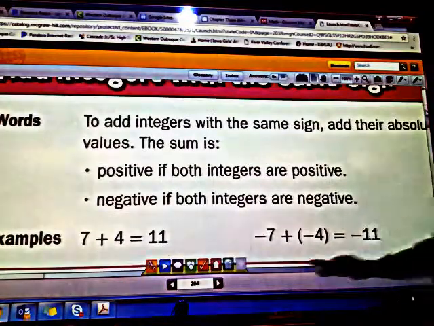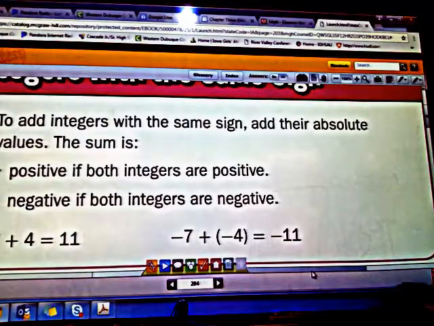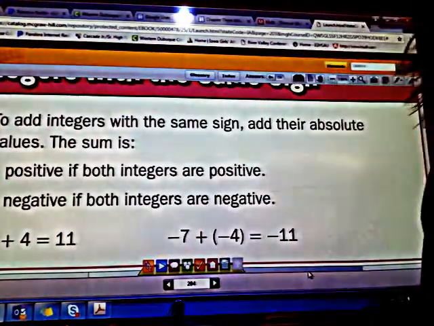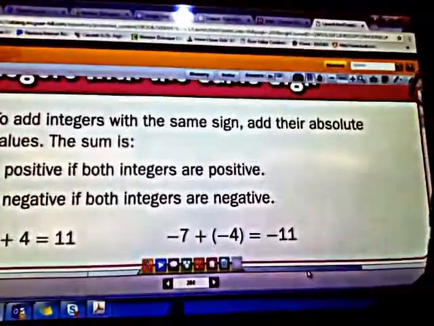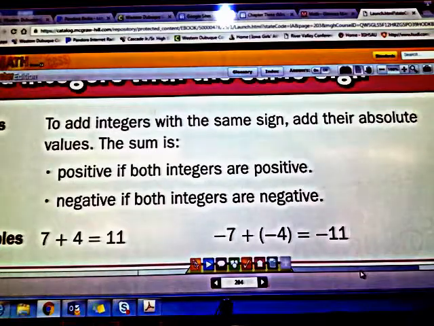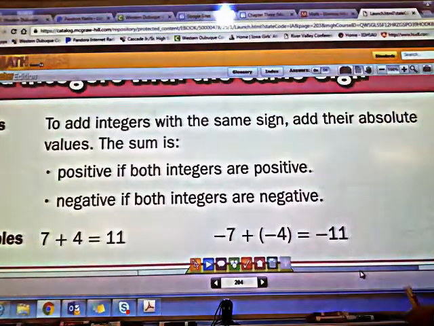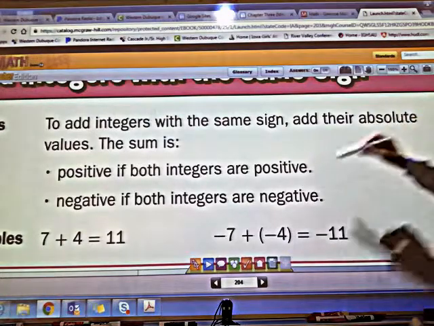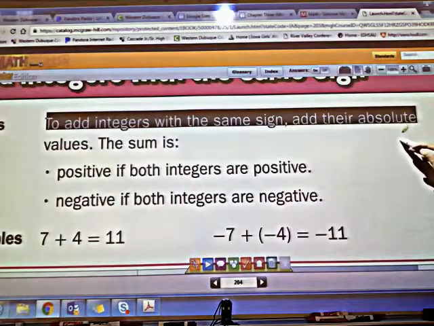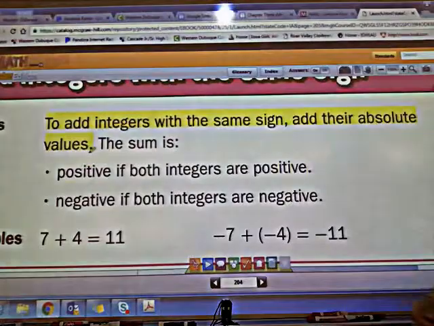Couple things to remember here and to point out as we are looking at lesson 2. When we are adding integers with the same sign, we are going to add their absolute values. So in your book, one thing that you're going to want to highlight or underline would be the top part.